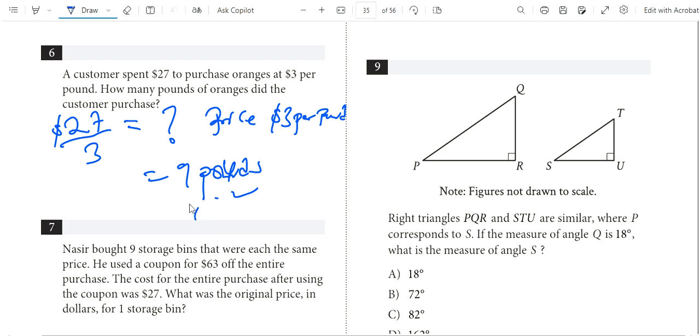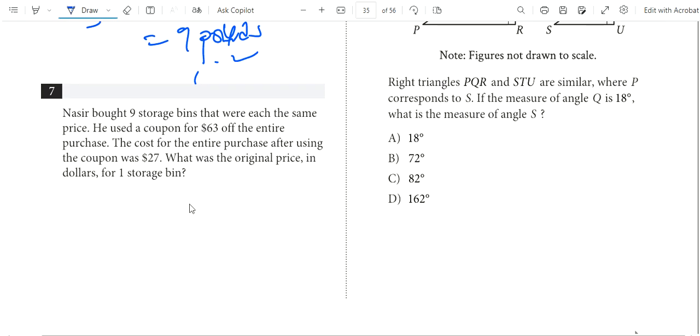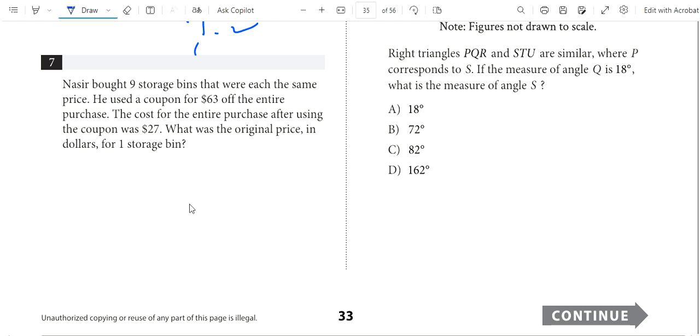Let's go on to question 7. It says Nasir bought 9 storage bins that were each the same price. He used a coupon for $63 off the entire purchase. The cost of the entire purchase after using the coupon was $27. What was the original price in dollars for one storage bin?